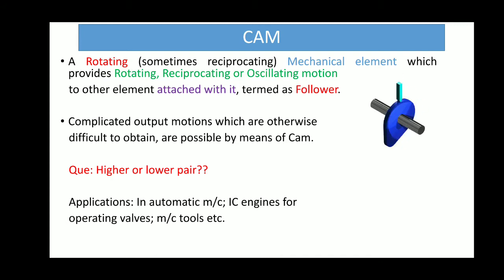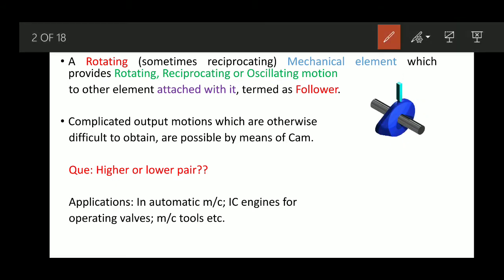So the cam and follower together constitute the mechanism which we use for transferring motion. Later on we'll see how it can be used and what kind of motion we can generate.